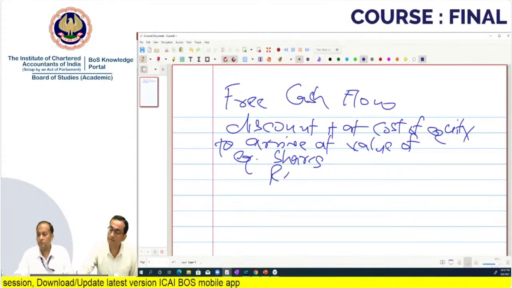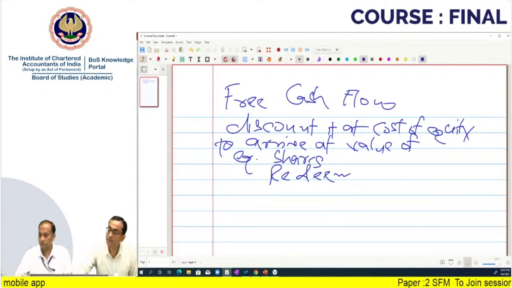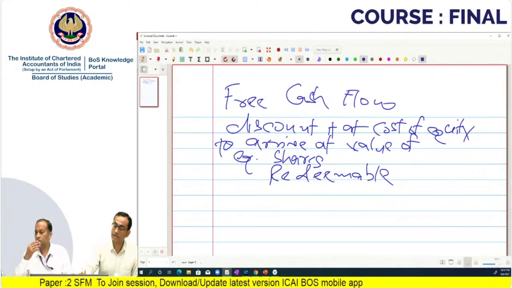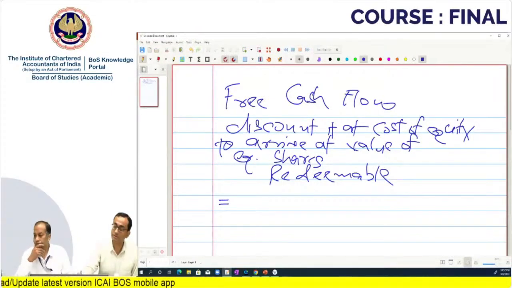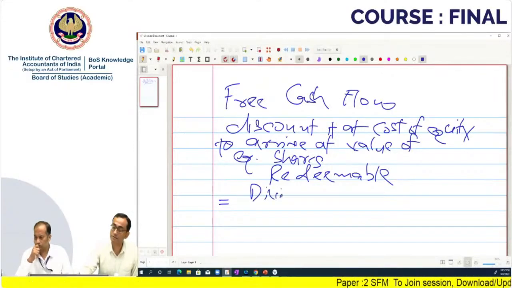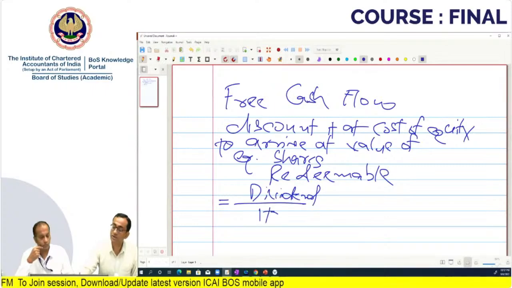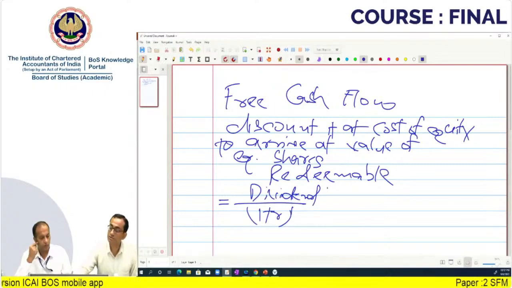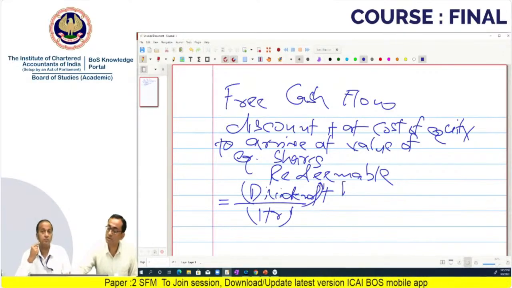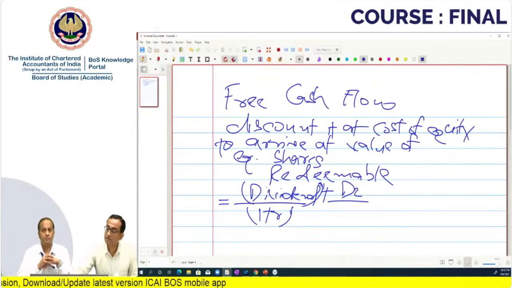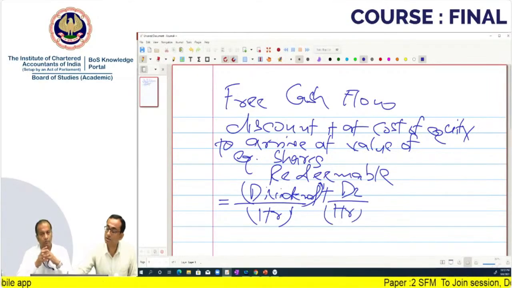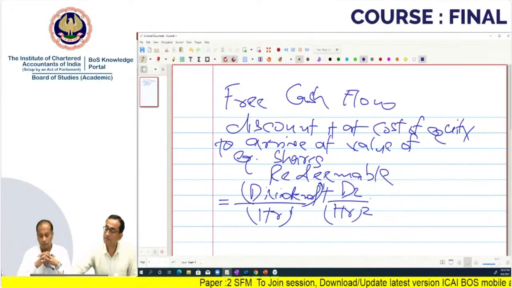When the preference shares are redeemable, the value is calculated on the basis of the dividend of the first year, and you will discount it at a rate of discount. Then whatever dividend you receive in the second year, you discount it by the discount rate, and this carries on.